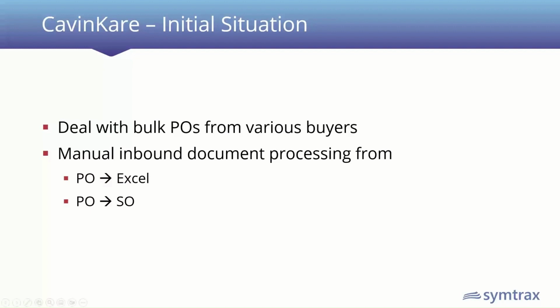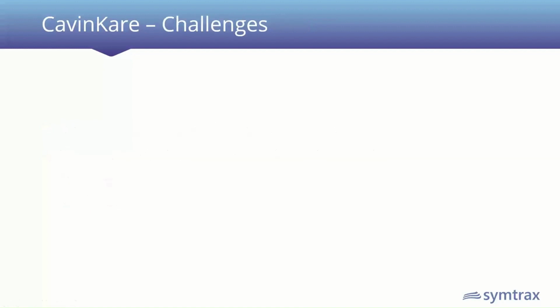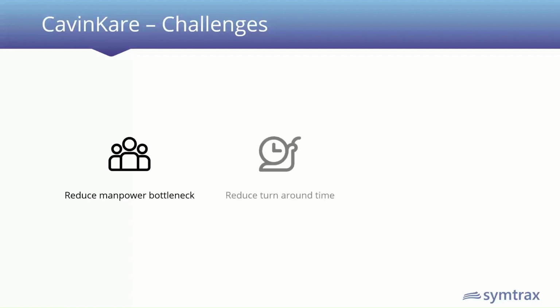And then what happened? There seems to be a bottleneck in their processes, which is what they are trying to solve. They are trying to reduce the manpower bottleneck to make this process faster. They want to reduce the turnaround times. The moment these documents come in, they want them to be instantly processed. And this is what I'm sure everyone wants to achieve: a zero error rate.